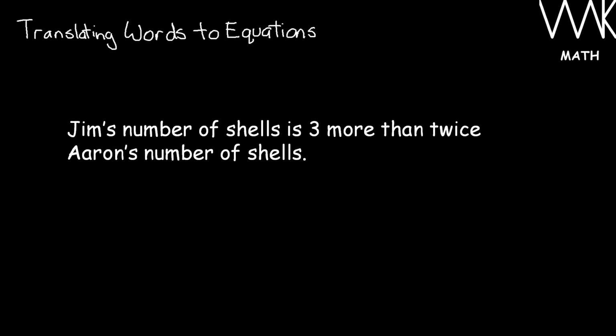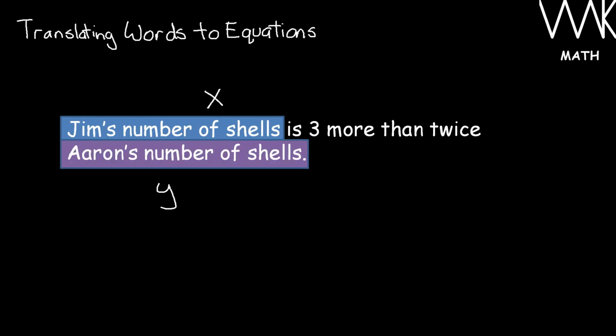What are our variables in this case? The first variable is Jim's number of shells, which I'm going to call X. The second variable in this statement is Aaron's number of shells, which I'm going to call Y. Now, what is the linking statement between these two? So we have is 3 more than twice. There are actually 2 linking statements here.